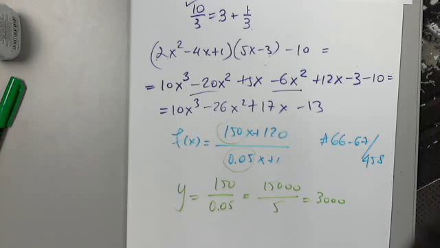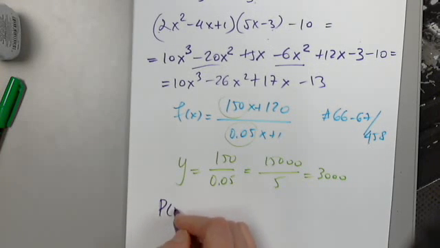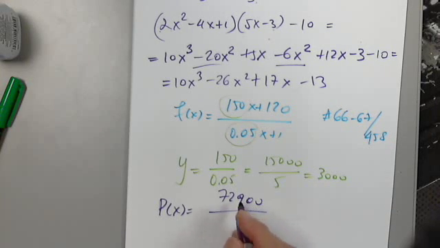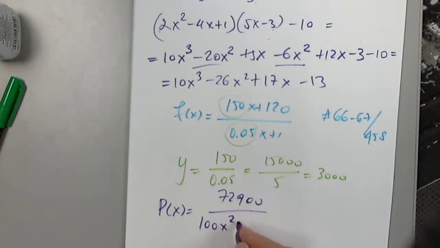And the last one, 67, we have a different function. P of x, 72,900 divided by 100x squared plus 729. It gives the percentage of people in the US with x years of education who are unemployed. It is obviously what type of function? Rational, type 1, 2, or 3?